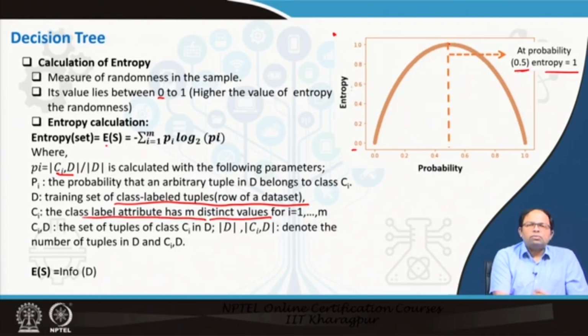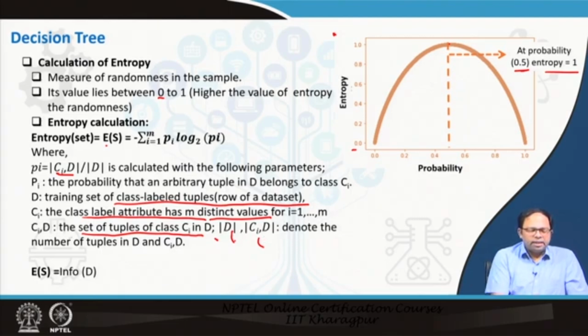Ci is one of the classes, and we find the probability of that outcome within that particular data set. Ci,D is the set of tuples of class Ci in D, and |D| and |Ci,D| denote the number of tuples in D and in Ci,D. So, D includes all the tuples, while Ci,D includes only those tuples that belong to Ci.